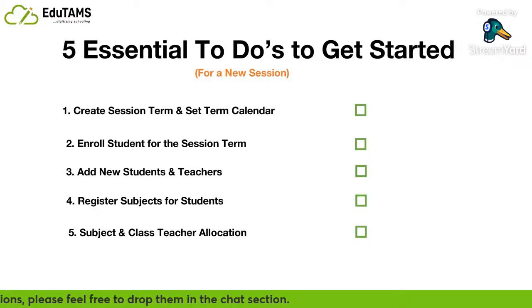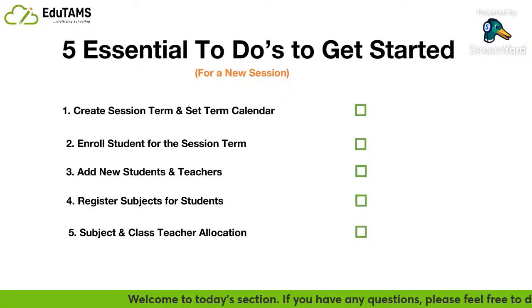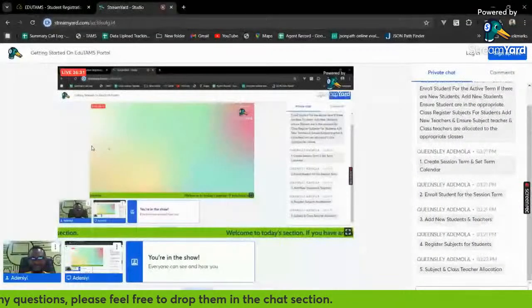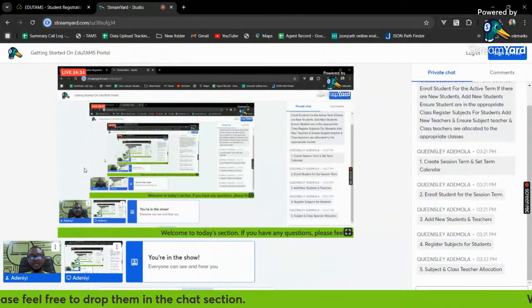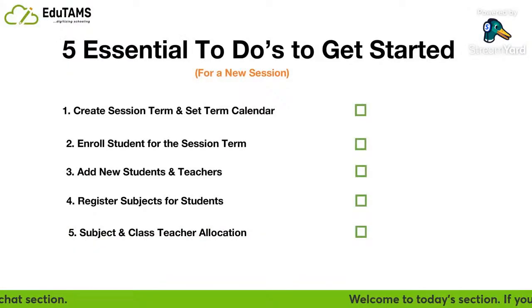I've treated all that together because these three things are interwoven. So I had to first of all go to add new students. Then I went to enroll students to class, and I went directly to register subject for students.